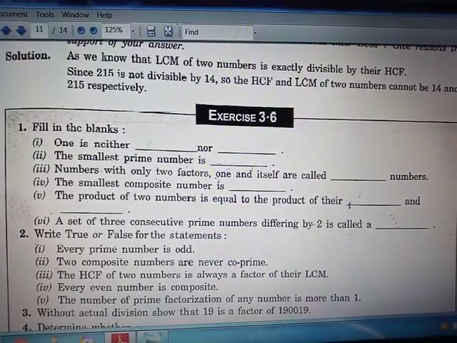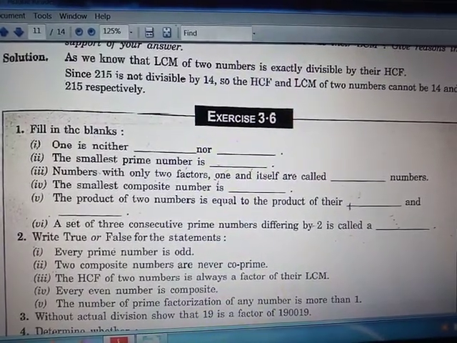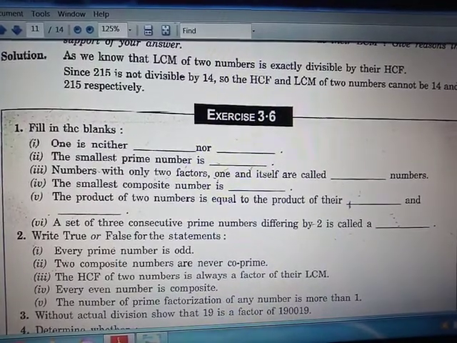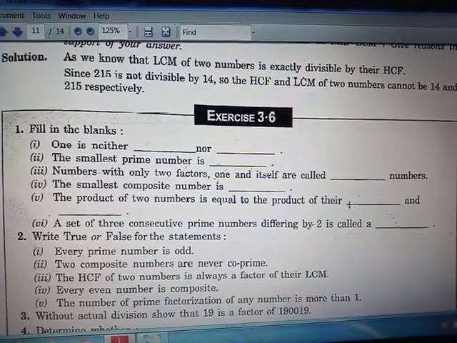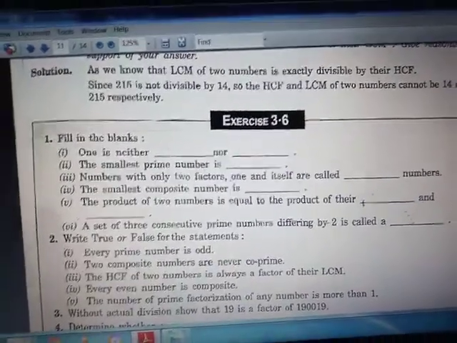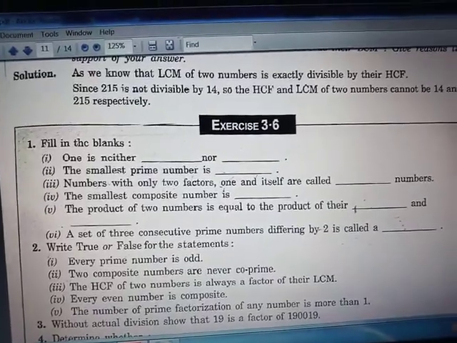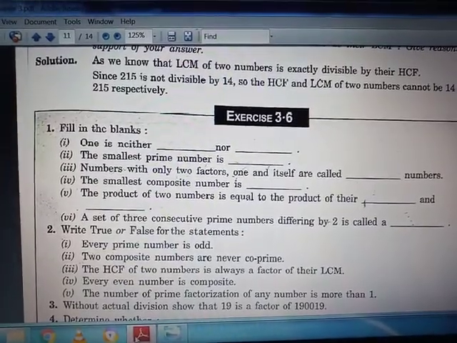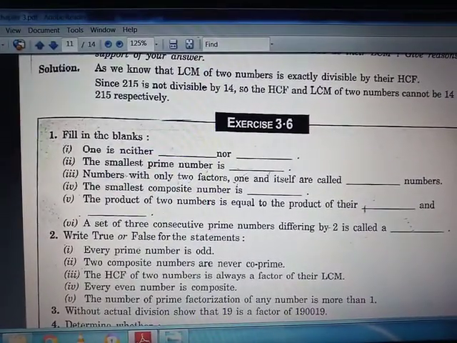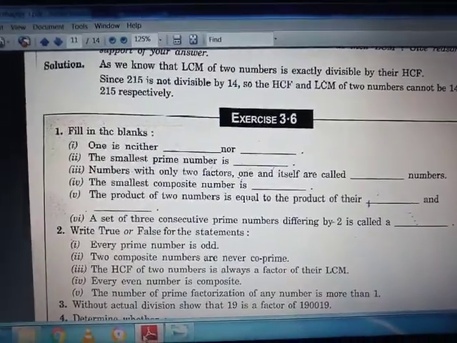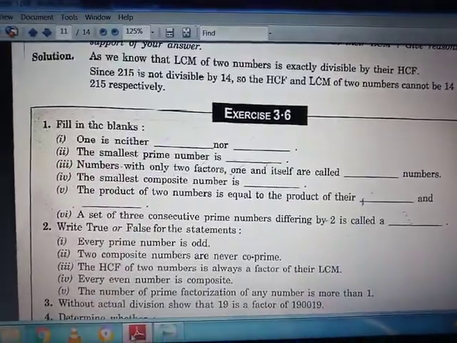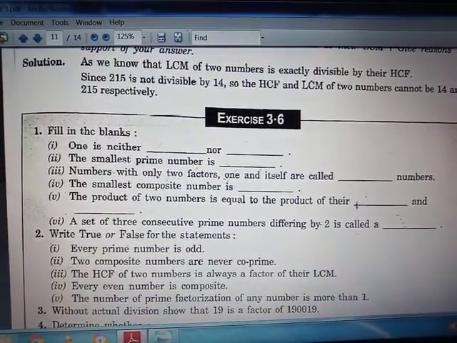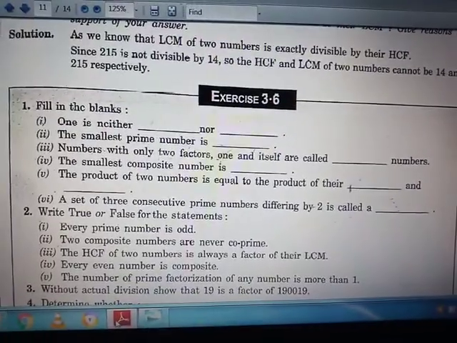So the smallest composite number is 4. 1 is not prime, so we will not consider 1. 2 is prime, 3 is also prime. If we add 2 and 3 we have 5, but if we add 2 and 2 that will be 4. So the smallest composite number will be 4.